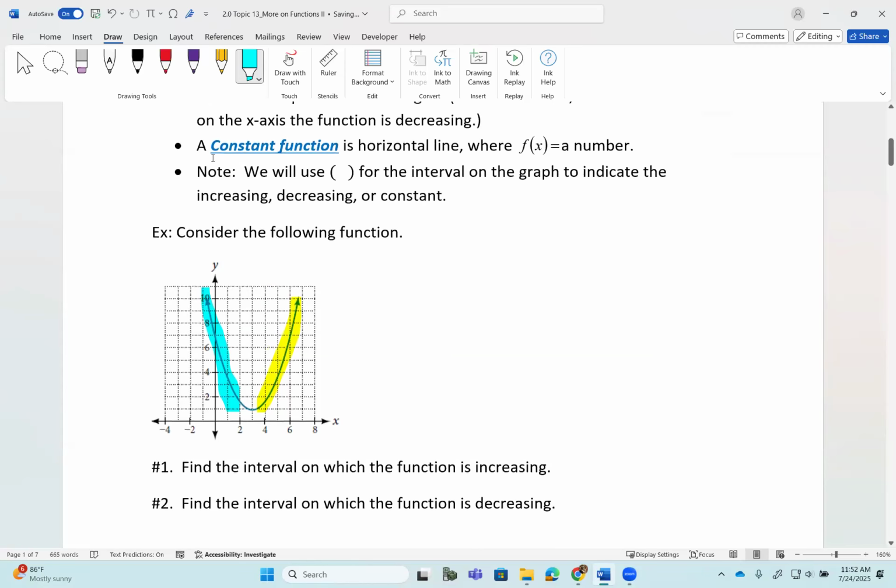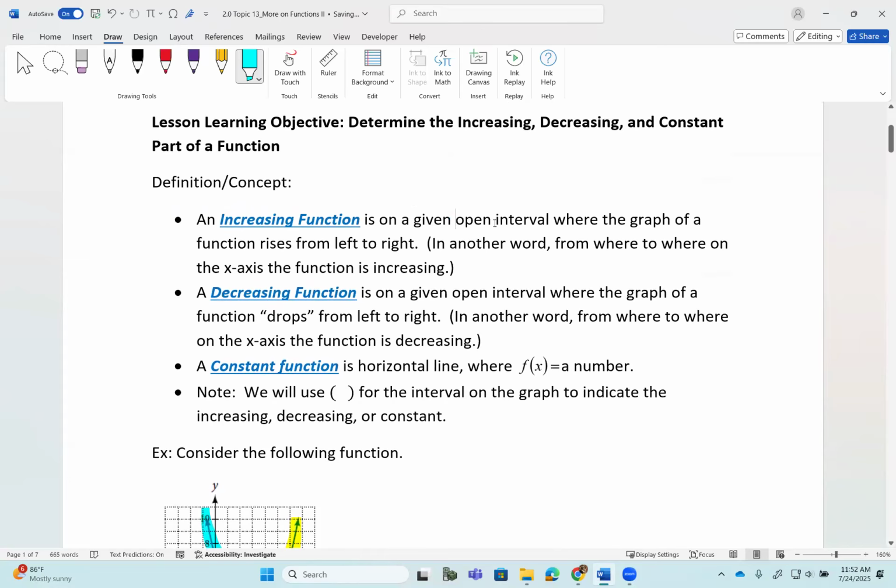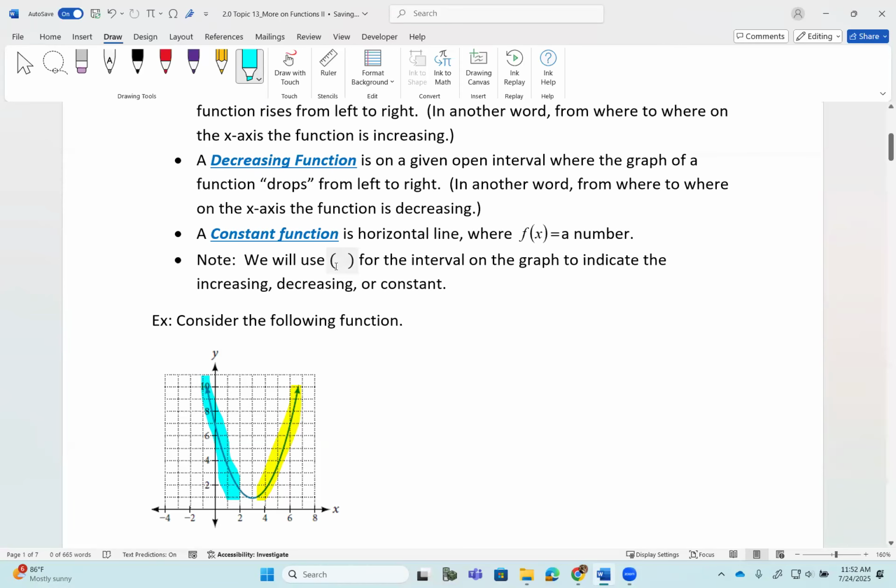A constant part of a graph, or constant function, refers to a horizontal line where we denote it as f of x is equal to a number, whatever the number is. Here we will only use parentheses for the interval because we use the words open interval. So we will only use parentheses to indicate the part of the graph that is increasing or decreasing.